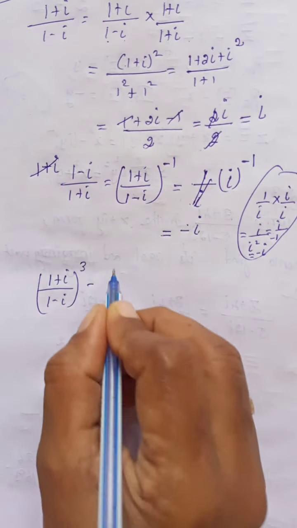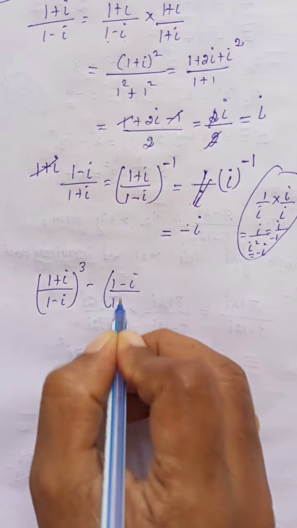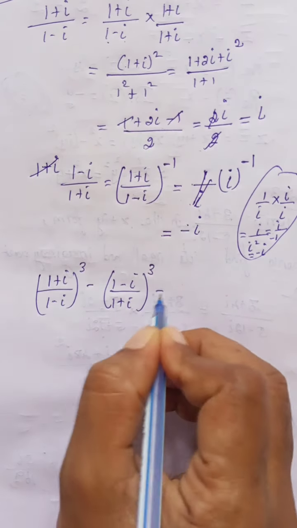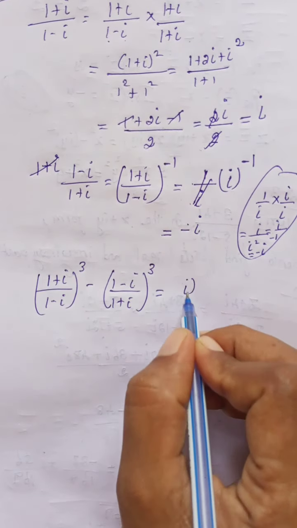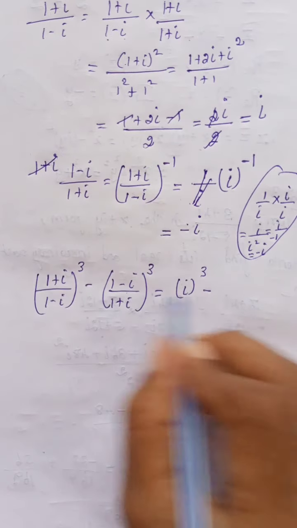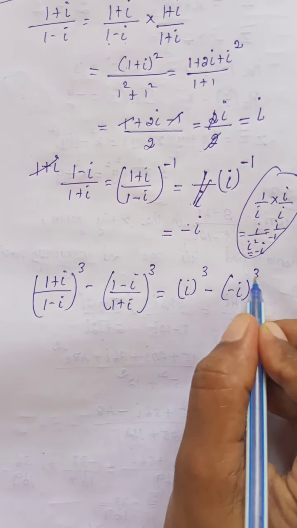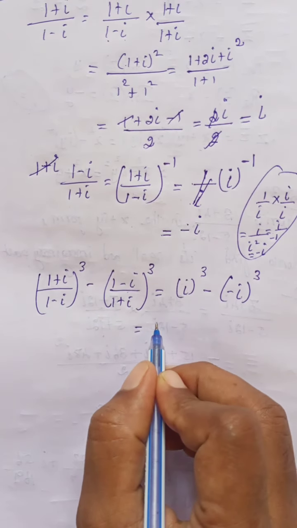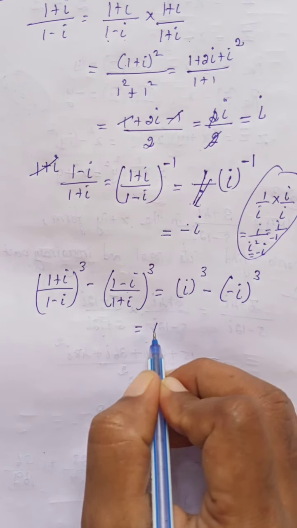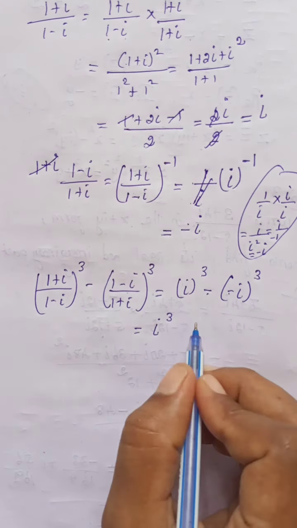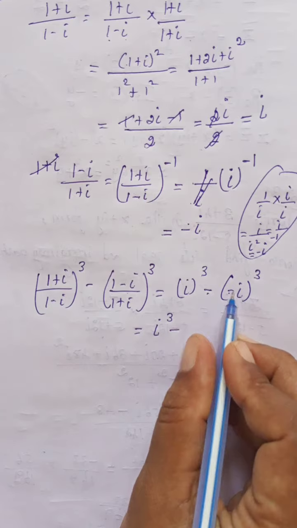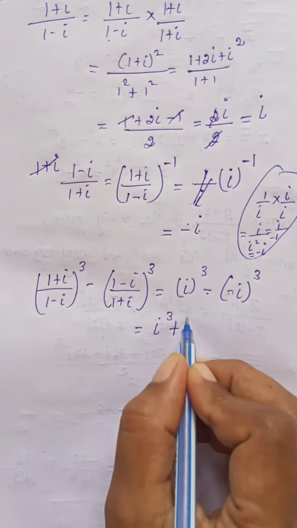Now I am taking down the question, that is (1 plus i) by (1 minus i) the whole cube minus (1 minus i) by (1 plus i) the whole cube. So actually this is i cube minus (minus i) the whole cube. So we may get i cube, again we may get a minus, so plus i cube.